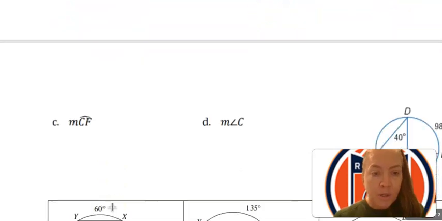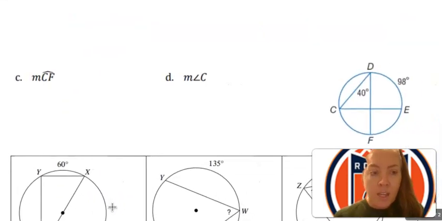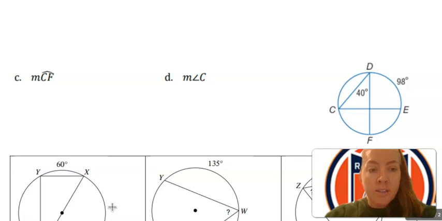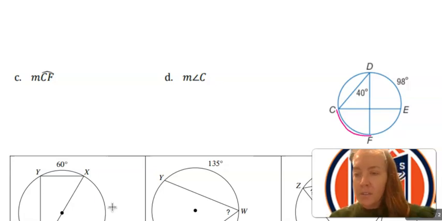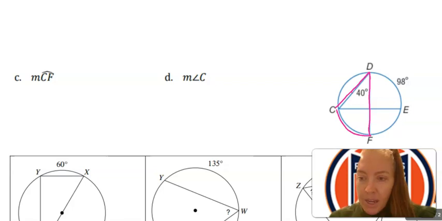Let's try some more. So let's look here. It says find the measure of arc CF. So CF, all right, that's an arc on the circle. I need to find an angle that it's relating to. I'm just going to go where F ends and where C ends, and it looks like we have an inscribed angle this time.